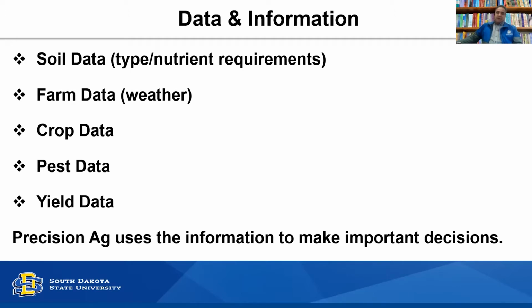Crop data: if we have some pest infestation, do we have any outbreak, from which we can point to where it is starting from a certain area? Those are the important pieces of information we can use to improve our farm performance.